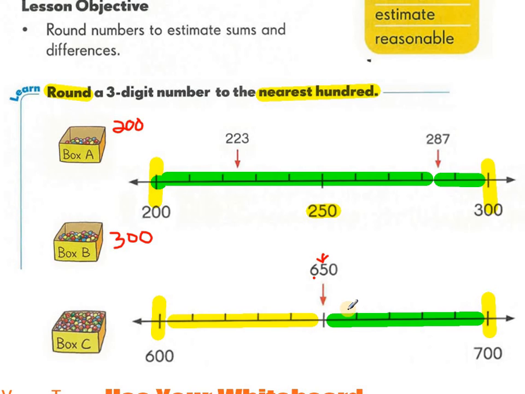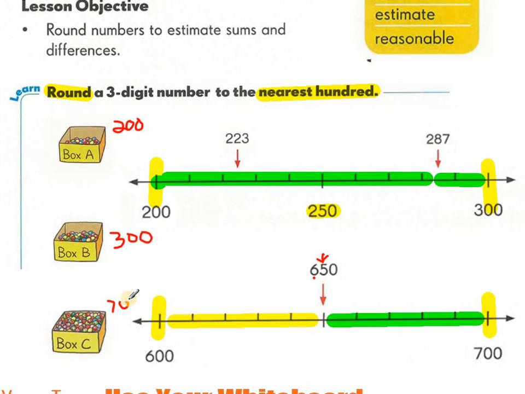So I'm going to follow the rule, and the rule is 5 or greater, we round up. And that's a rule that's accepted by mathematicians all over the world. We've all agreed that if it's 5 or greater, we round up. So that's what I'm going to do now. 650 is going to round up to 700.